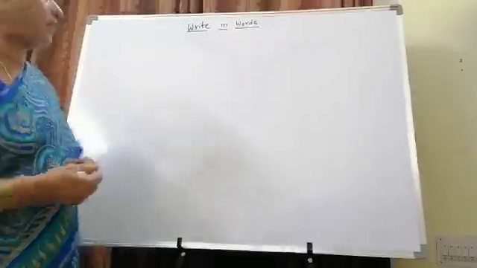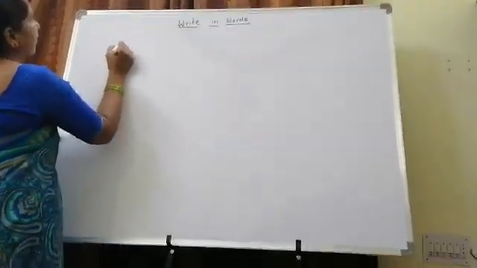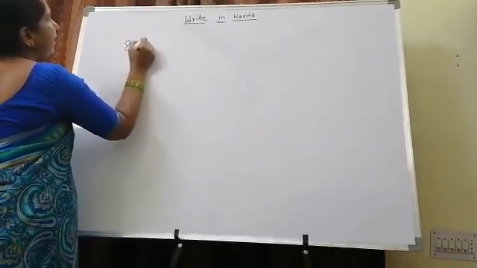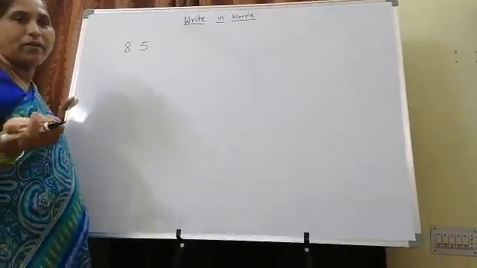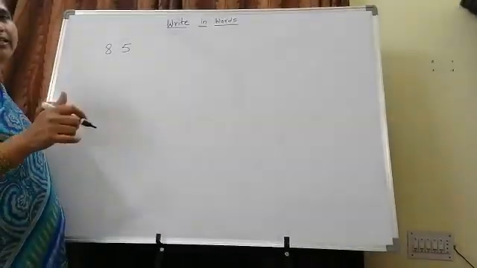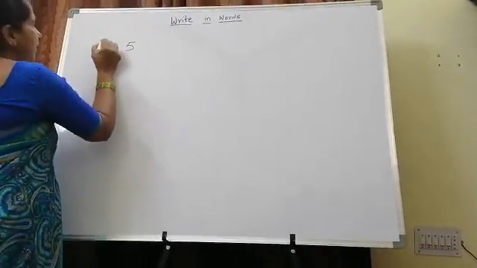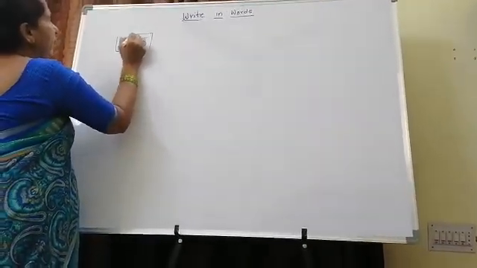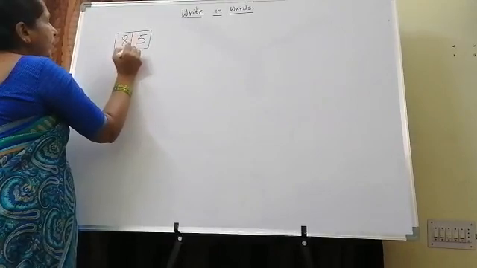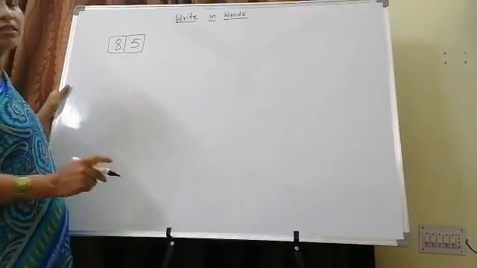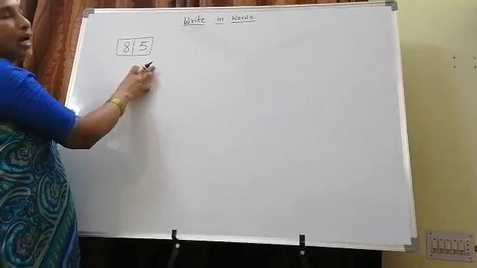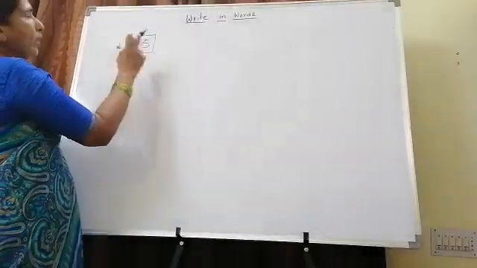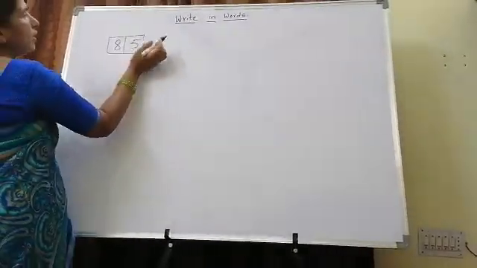For example, 8585. In your maths classwork and homework books you have boxes like this. When you are writing in the classwork book, write each number in one box: 8 in one box and 5 in one box. After writing the number, write the place values of that number.